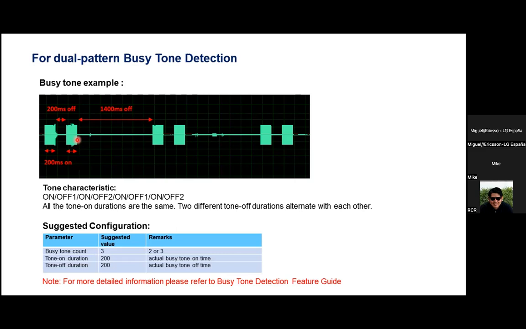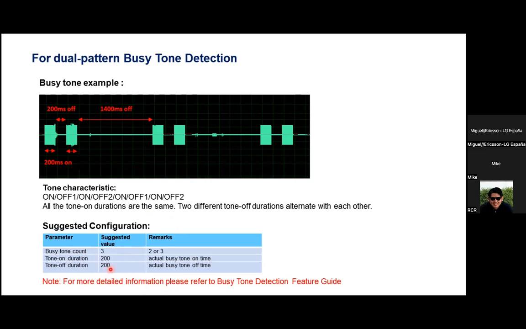Here, we need to do some configuration changes. For the busy tone on, you can set 200. As mentioned, this is a dual pattern, or dual tone off. We can only input the first one or either of the off tone durations.